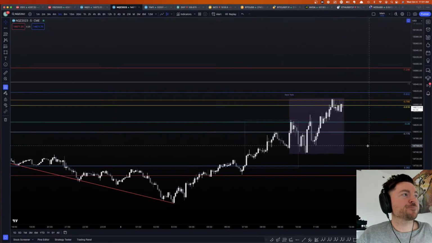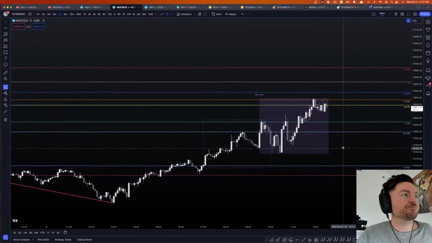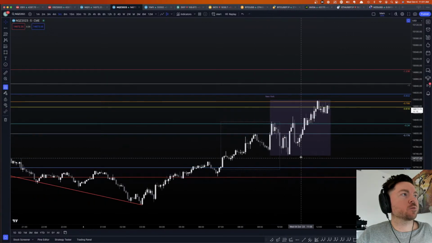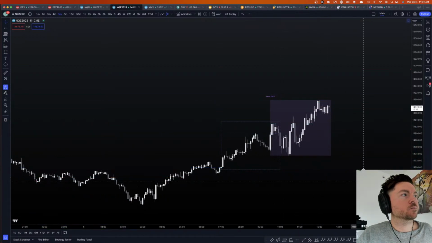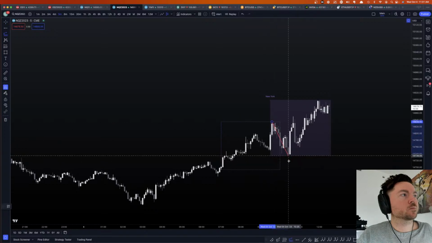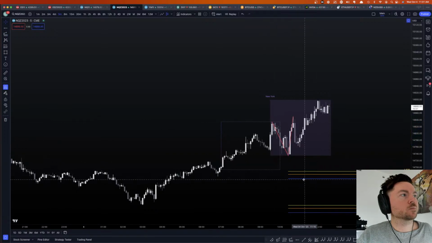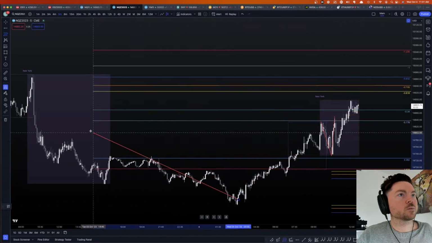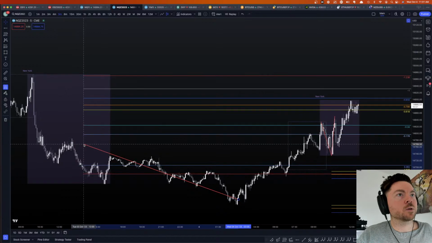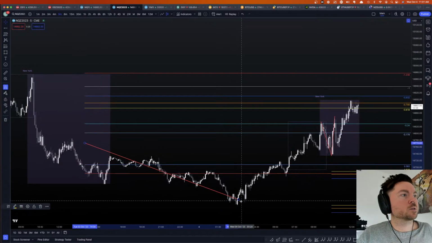This was really tricky, because there were a lot of reasons for it to have potentially come down. This could have been a flat, giving targets around here, which would have had confluence with what we were using, something like that.